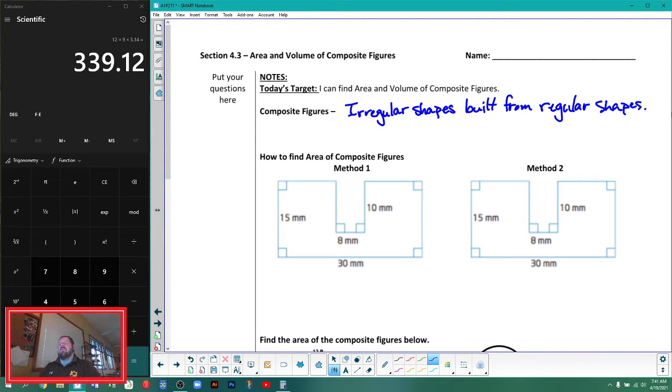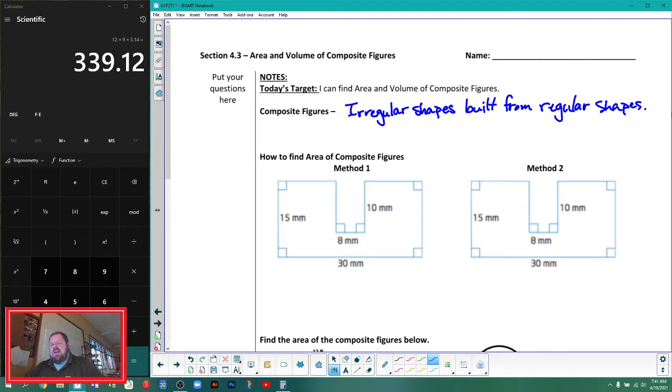So we're going to look at composite figures being the two-dimensional figures, and then composite solids being the three-dimensional solids being built out of some of the regular solids that we deal with.